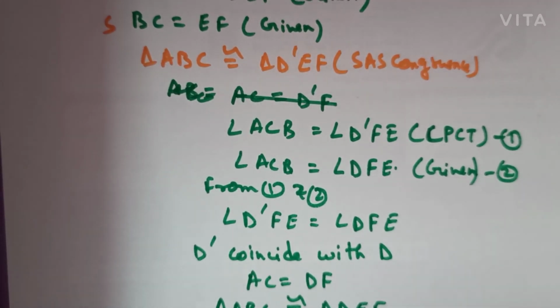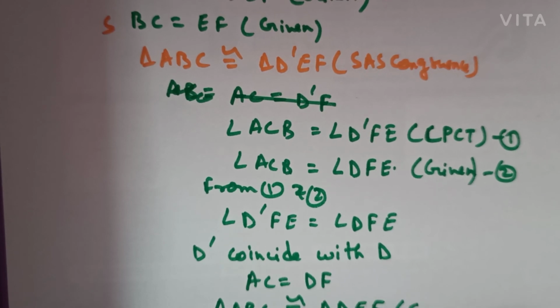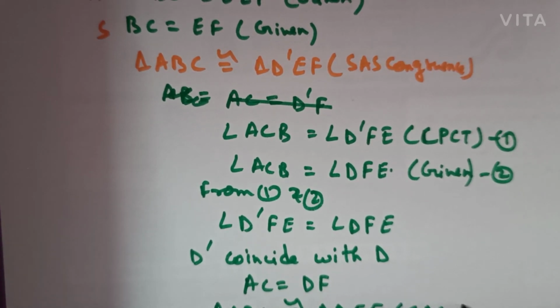Okay, by side angle side congruence, triangle ABC is congruent with triangle DEF. So this is the proof of side angle side congruence.